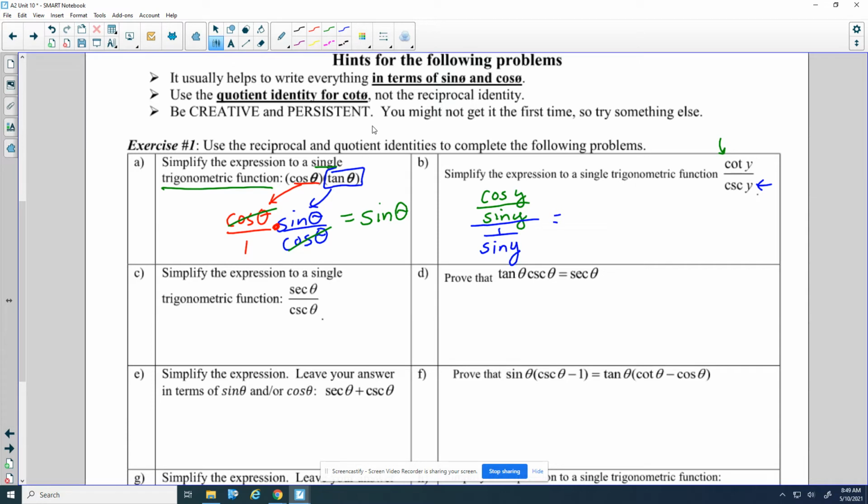So because I have a complex fraction, I'm going to keep my first fraction, change to multiplication, and flip the second fraction. So this is sine y over 1. So this time the sine y's cancel, and I'm just left with cosine of y.